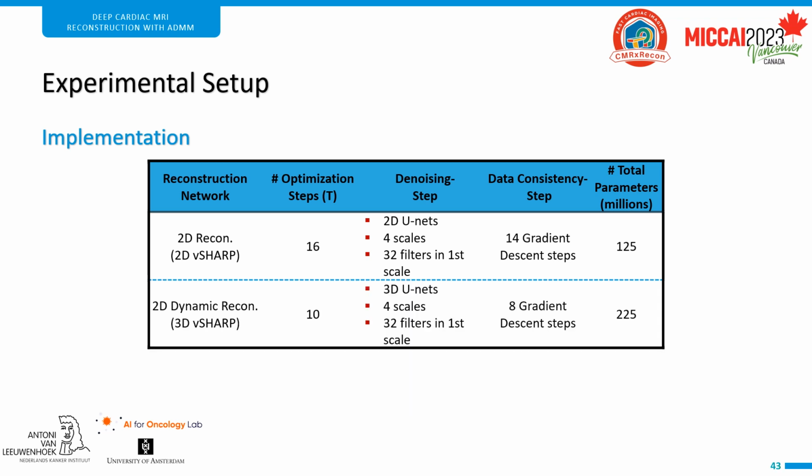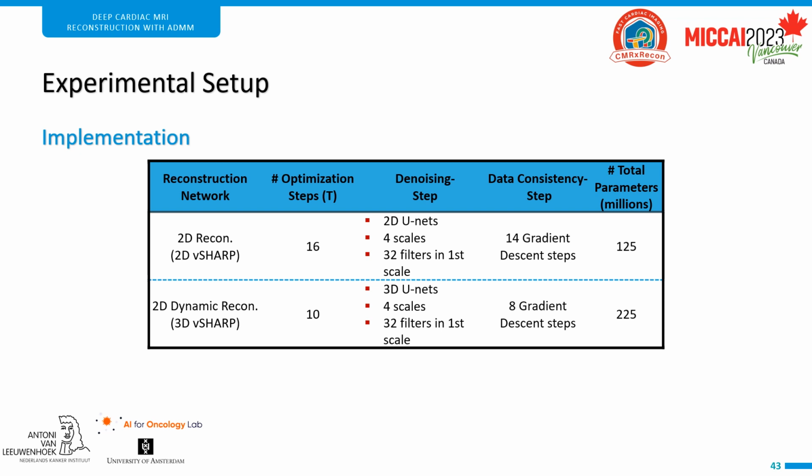Moving on to our second setup, we approached the problem dynamically. Our model in this case took as input a sequential series of time frames with 2D undersampled multi-coil k-space data, and our objective was to generate a corresponding sequential series of time frame images as the output. To accommodate GPU memory constraints, we limited the optimization steps to 10 using 3-dimensional UNets for the denoising step and conducted 8 gradient descent iterations for data consistency.